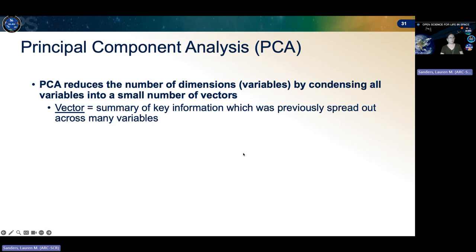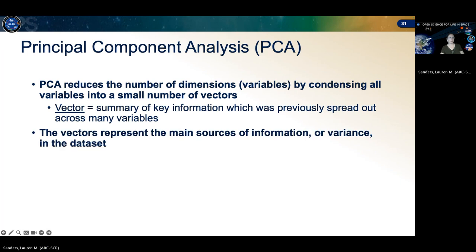So here when we say small number of vectors, a vector is a summary of the information, a summary of the variability, the variance of the data set, which was previously spread out across all these different variables. So the vectors represent the main sources of information or the main sources of variance, the main reasons why variance is being introduced into the data set.